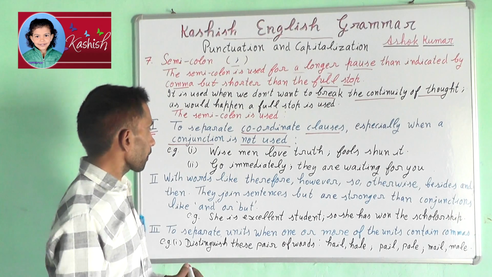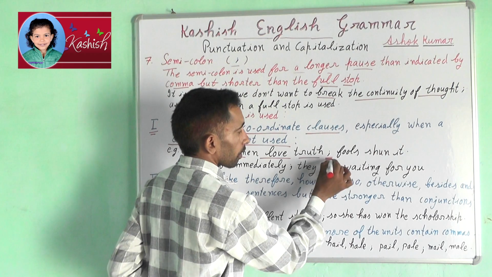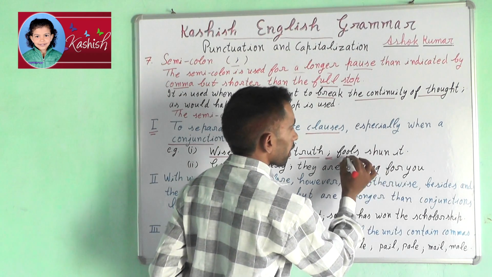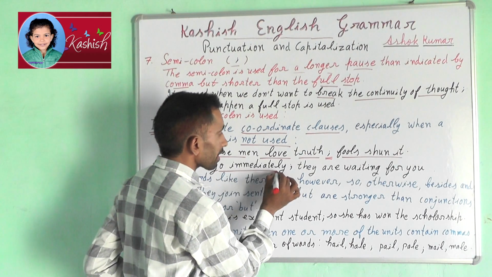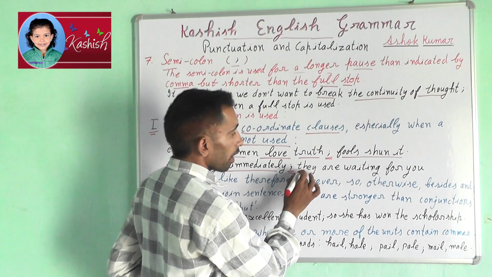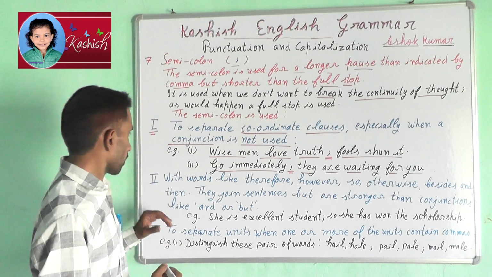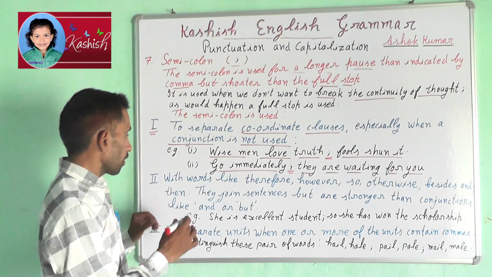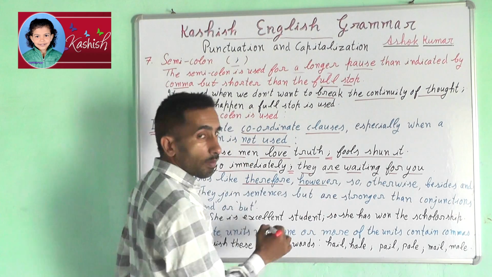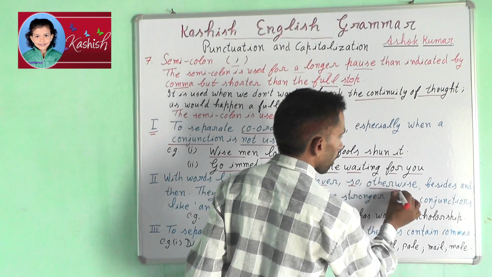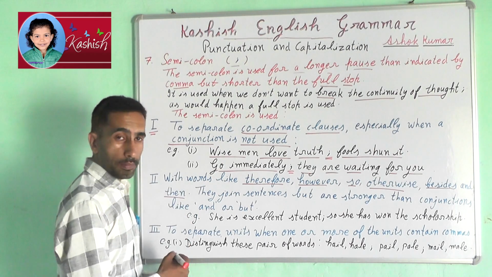For example, wise men love truth; fools shun it. Next, go immediately; they are waiting for you. Second, with words like therefore, however, so, otherwise, besides, and then.